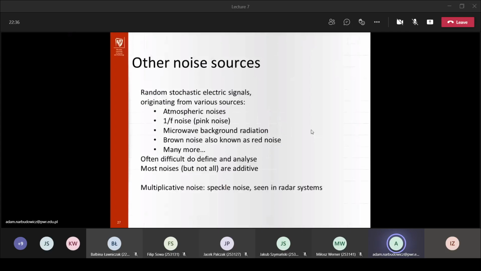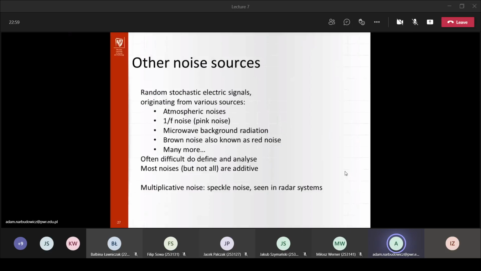An interesting exception to that rule is multiplicative noise. Multiplicative noise means that the noise is multiplied with your signal, and this is often seen as so-called speckle noise in radar systems.